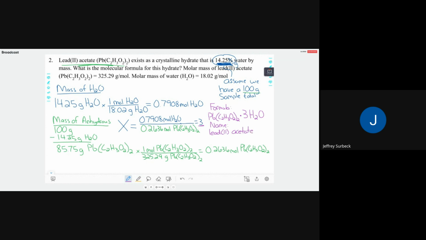So we would say tri for our 3, and then hydrate for our water. So the name of the formula we just came up with would be lead 2 acetate trihydrate. All right, so this should give you a good basis to be able to complete the other problems from section 11.5, those in-class problems.